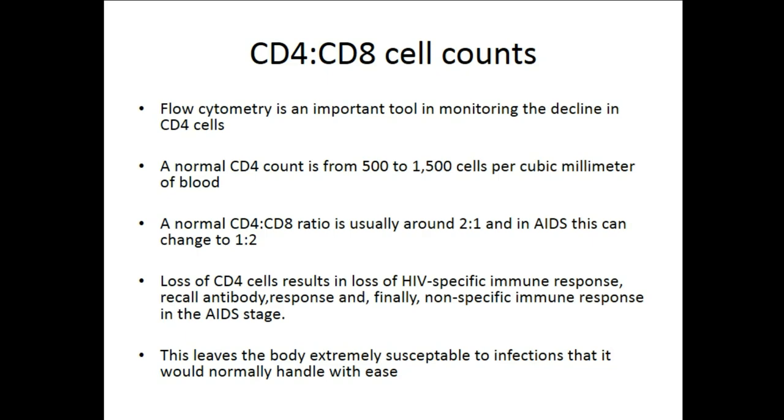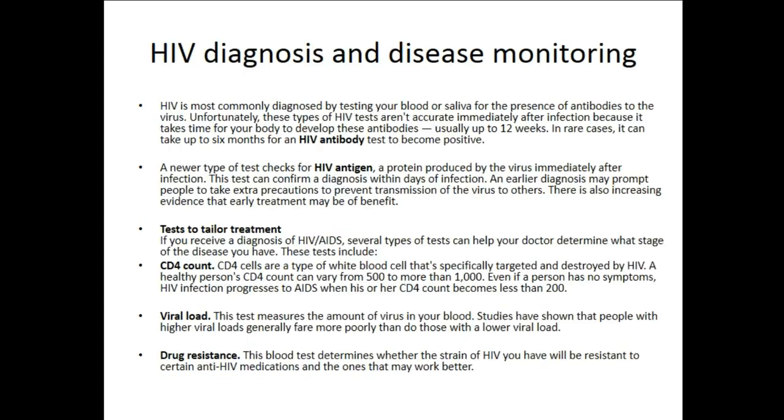We now get systemic infection. And that's the problem with HIV. Your immune system becomes depleted and you can no longer defend yourself against common pathogens. And also, because the immune system is important in monitoring cancer, you also have an increased risk of cancer. And that's the basic concept of HIV infection.